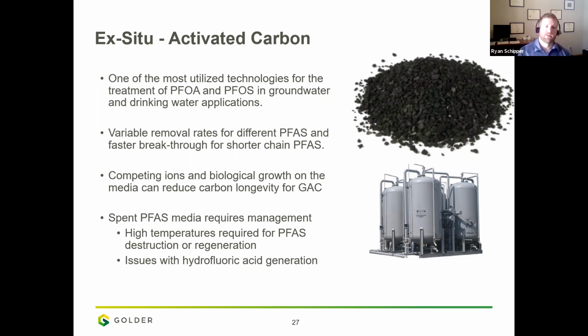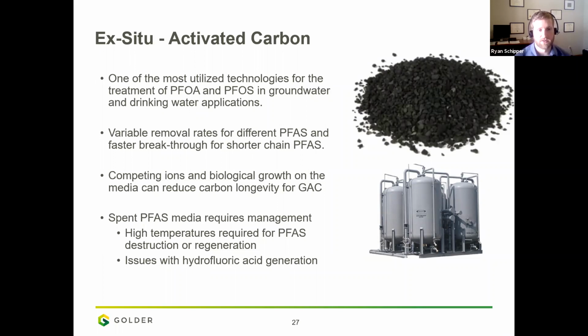With the activated carbon, and this is becoming a bit of a theme here, whether you're using regenerable media or single pass media, you're generating a media or another stream that requires management.